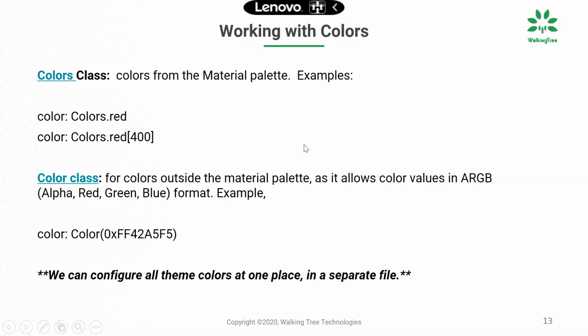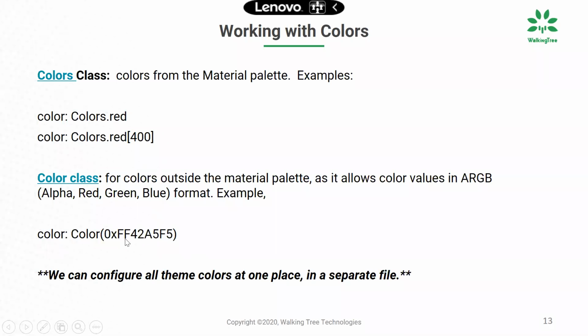So this Color class has got a few constructors. For example, this is a very simple constructor that we can call, and this takes this value in ARGB format. So first four letters here, 0xFF I have taken because I wanted this color to be fully opaque.